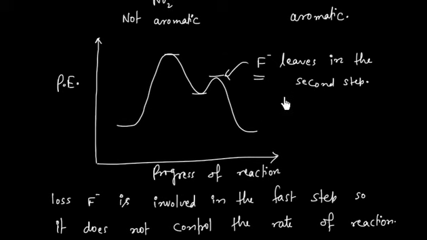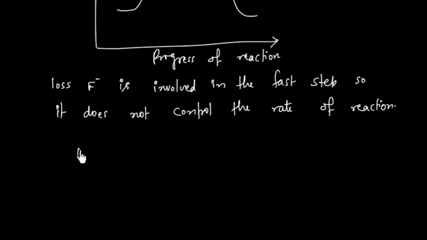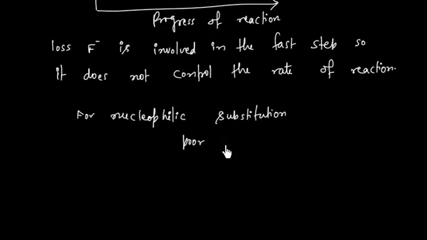So F minus is not a part of rate determining step. So F minus does not control the rate of reaction. So nucleophilic aromatic substitution reactions happen because F minus, whether it is a poor leaving group or a good leaving group, it does not matter. For nucleophilic substitution, poor or good leaving group does not matter.